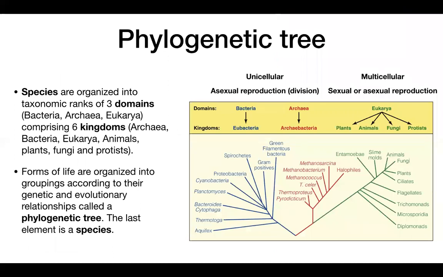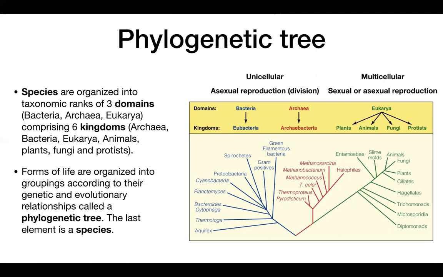Forms of life are organized into groups according to their genetic and evolutionary relationships, called a phylogenetic tree. Species are organized into taxonomic ranks of 3 domains: bacteria, archaea, and eukarya, that comprise 6 kingdoms.